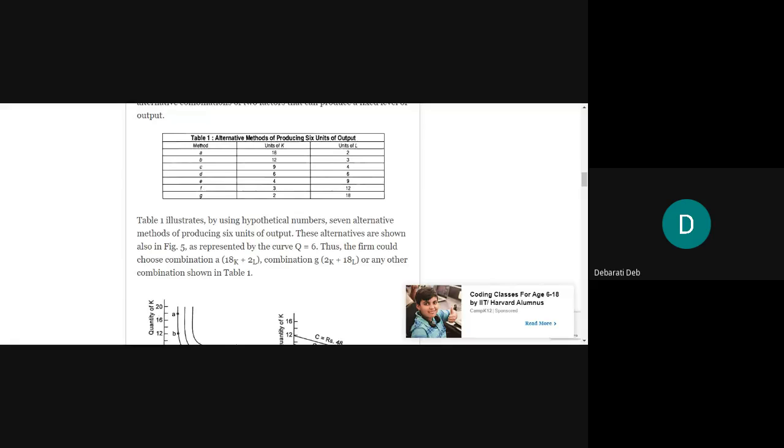All right. So in order to produce that fixed 6 units of output only, there are 7 options available to you. The first option says if you mix 18 units of capital and 2 units of labor, then you can efficiently utilize the factors of production and produce the 6 level of output, 6 units of output. Second method or the second option that is available is blending of 12 units of capital and 3 units of labor.